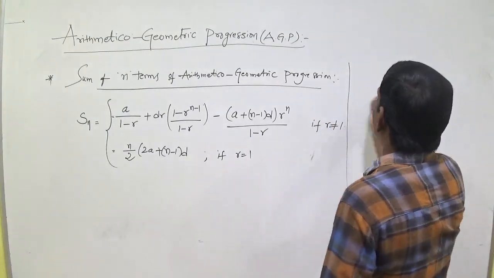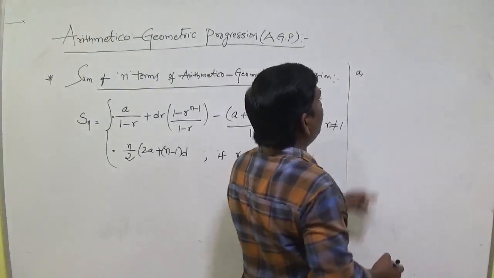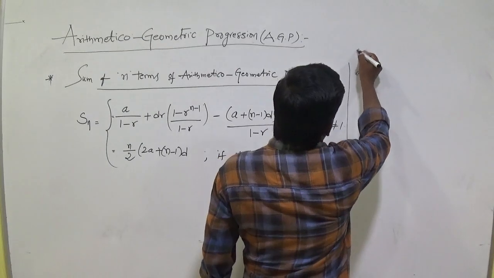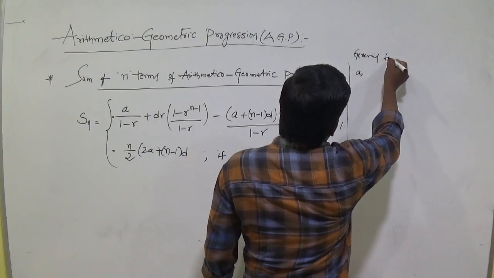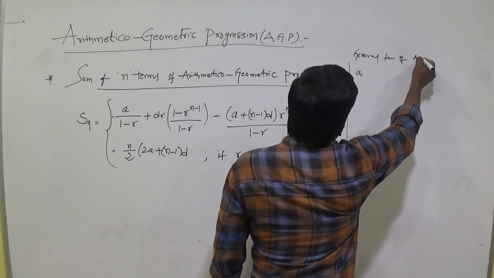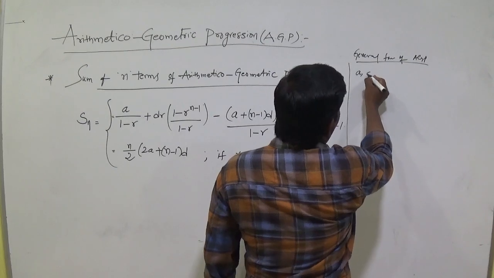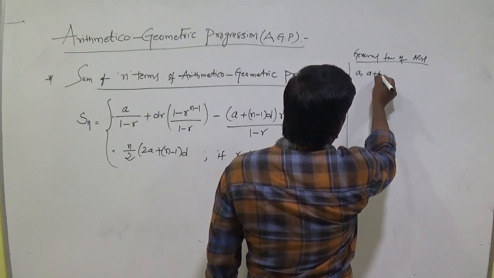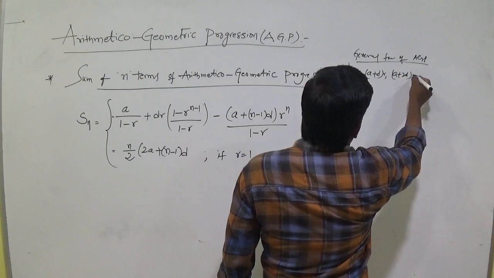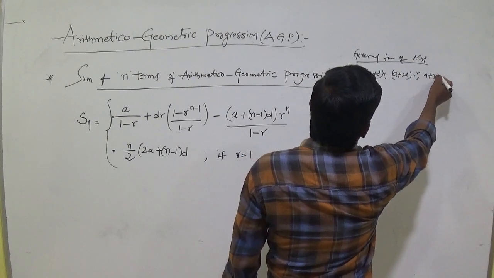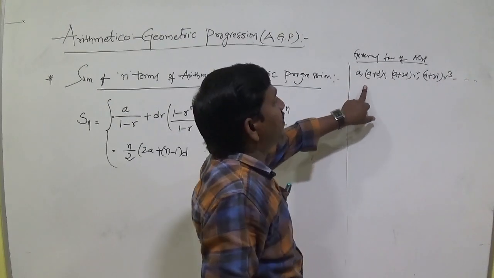So we know the general form of the AGP: a, (a plus d) r, (a plus 2d) r square, (a plus 3d) r cube, and so on. This is the general term of the AGP.